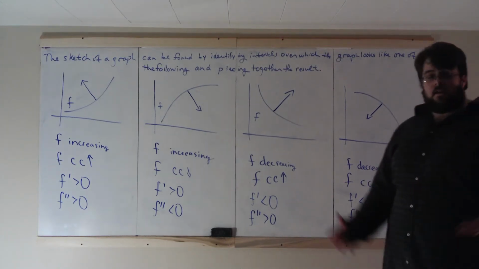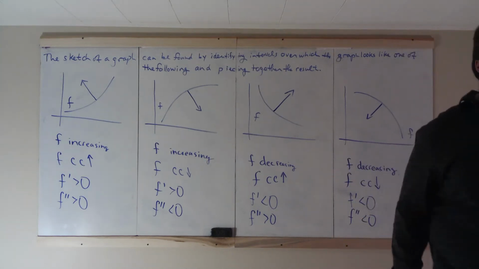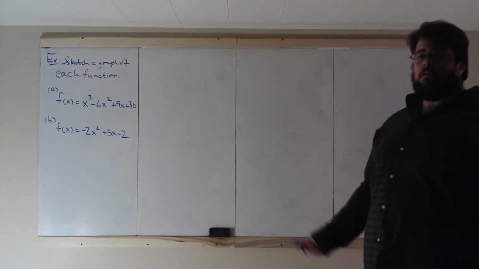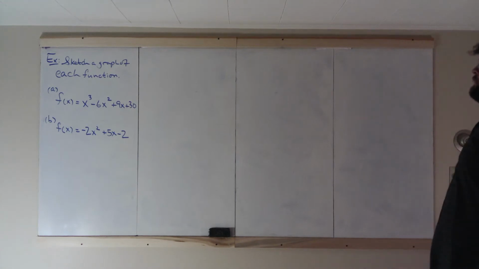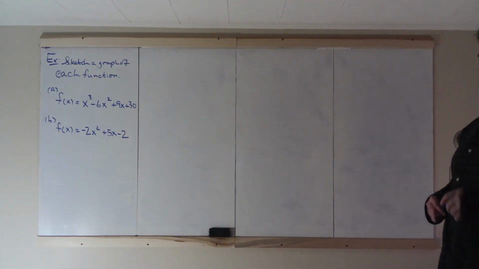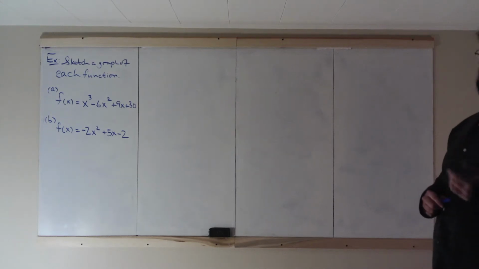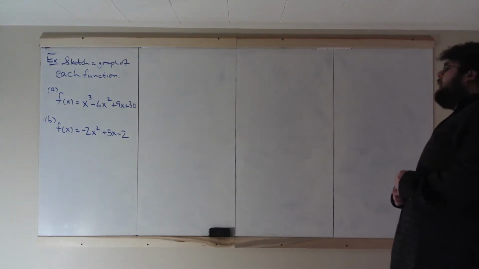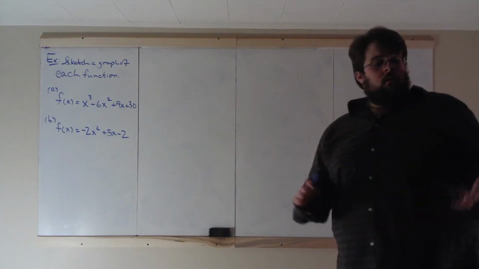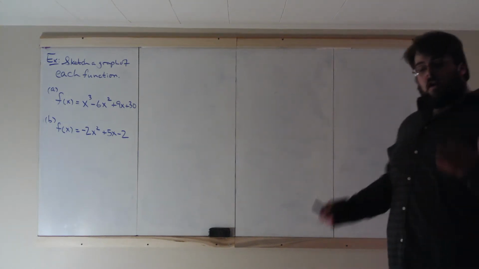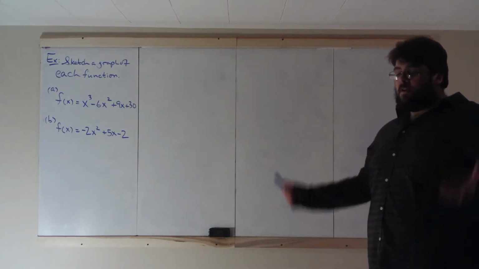So let's look at a couple examples. Let's do these 2 examples. Sketch a graph of each function. You will be tested on a polynomial, likely once this week and on the final. But definitely look at the document with several other graphs. You don't have to look at all of them.